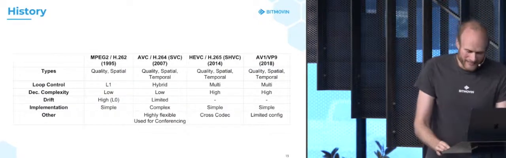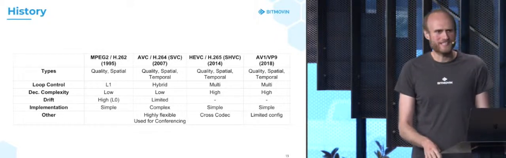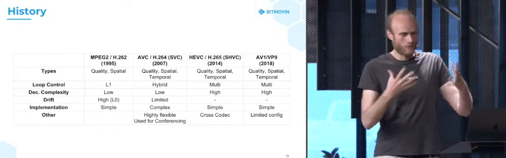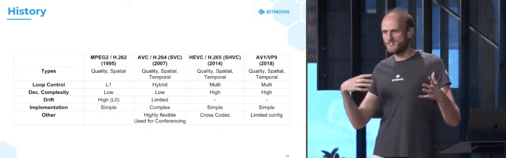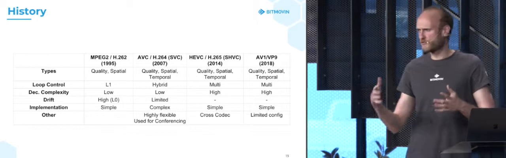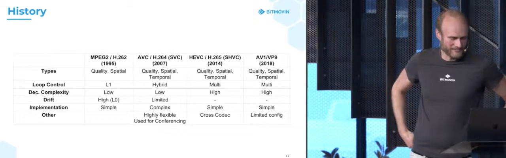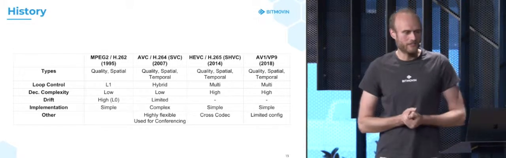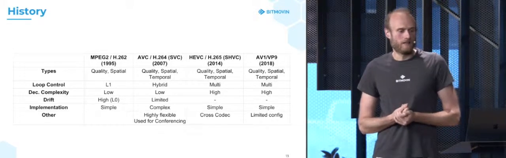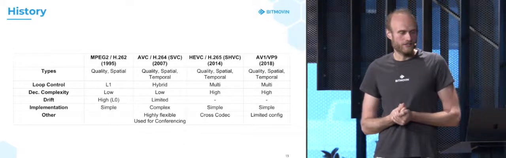Now we saw a lot about the concepts and how the whole prediction thing works, and now I want to show a little bit of which of the coding standards out there actually use what. As I said, one of the first codecs to have some scalable features is MPEG-2. Then there's AVC, H.264.